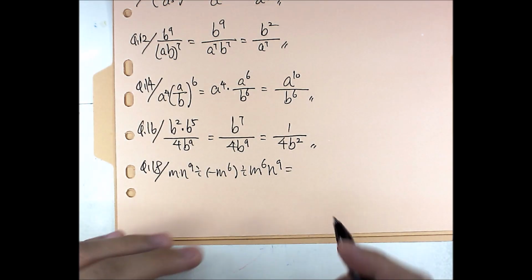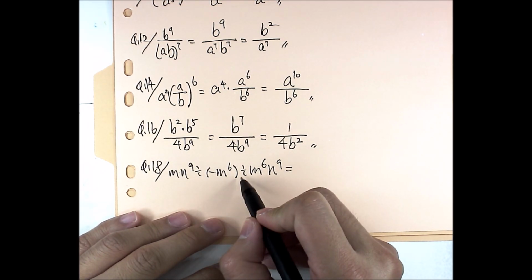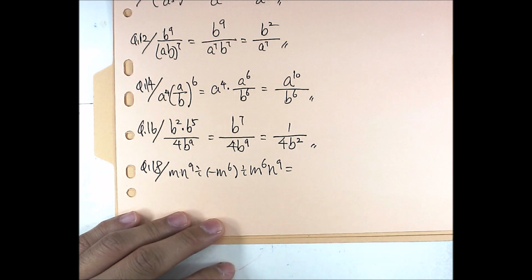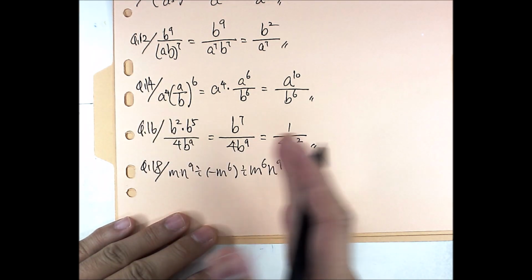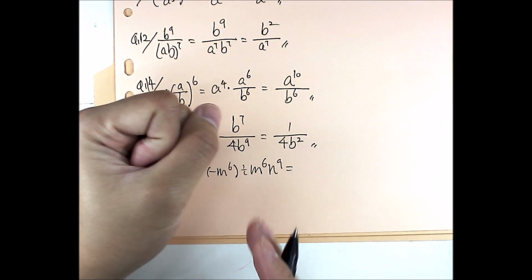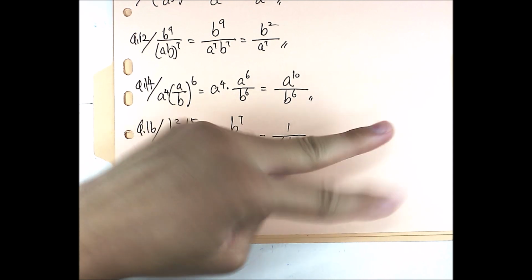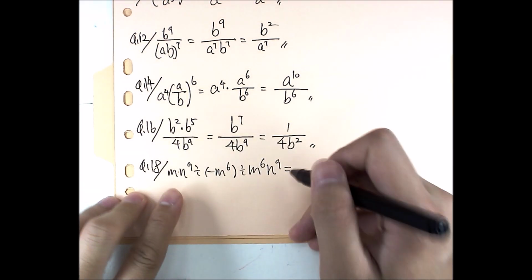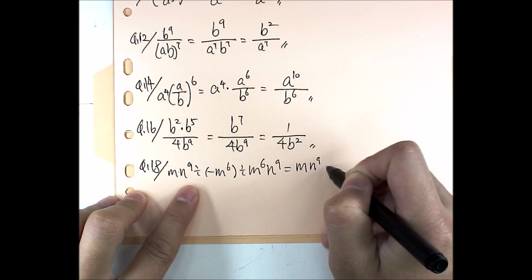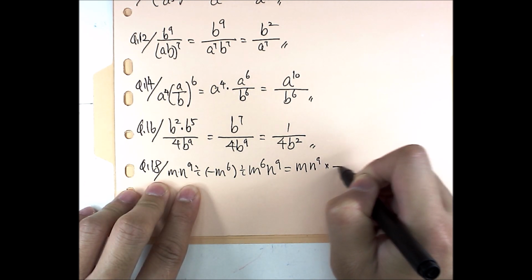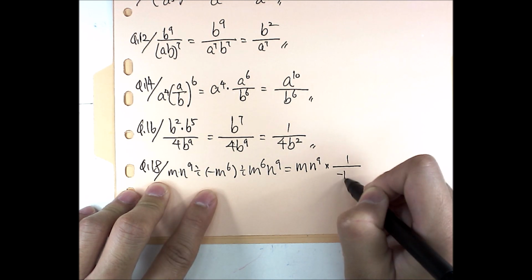You can change all the division into multiplication, because you learned in primary school that when something is divided by something, you do something times that thing reversed, above and bottom. So you do this, keep this, times 1 over this.